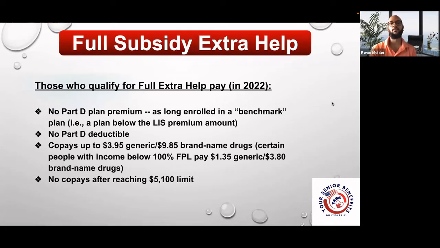Now, to take a look at the people that do have full extra help in 2022, they don't pay the Part D premium, as in dog, which is really the D as in drug, as long as they enrolled in a benchmark plan, which would be a plan that is below the LIS premium amount.